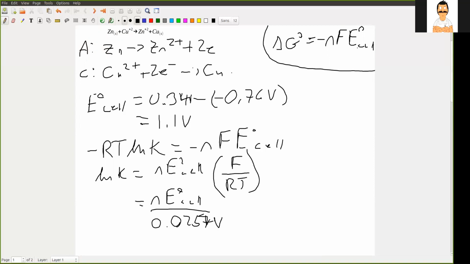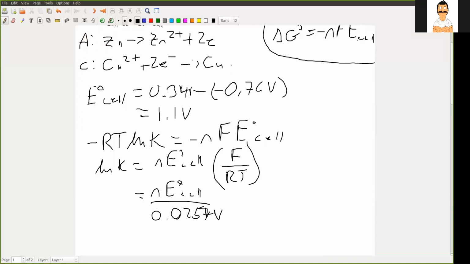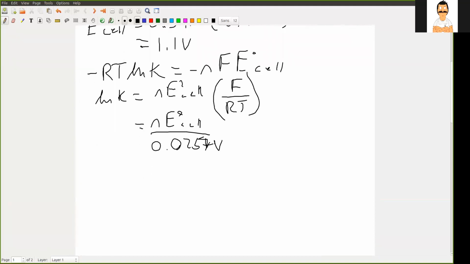Okay. So we can reorganize this equation to be K is equal to e to the n E cell over 0.0257 volts, which is going to give us volts over volts, which is great because we want a unitless or dimensionless number in our exponent.